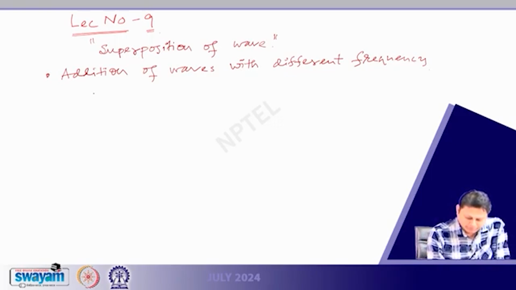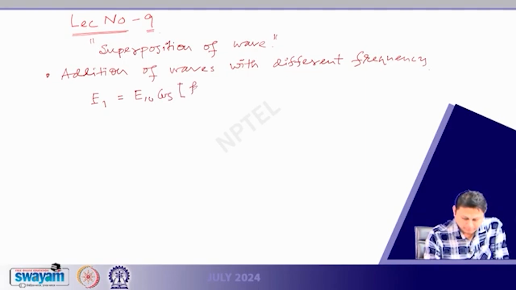Suppose we have two waves, say E1 equal to E10 cos of K1x minus omega 1 t.